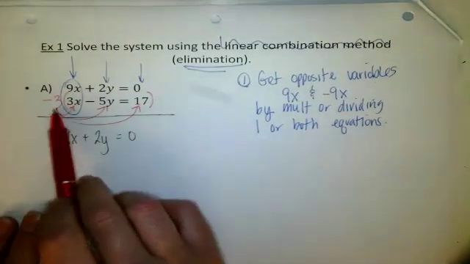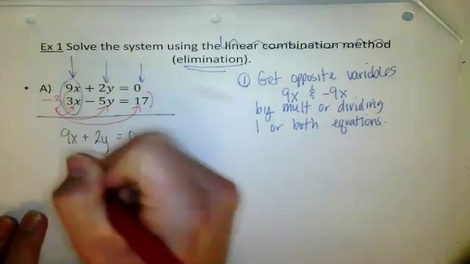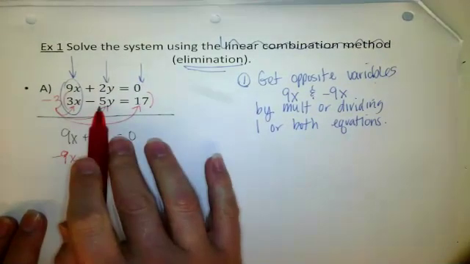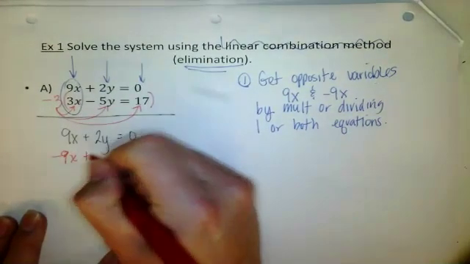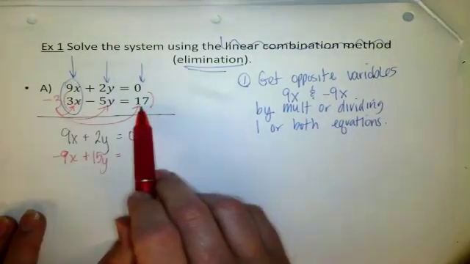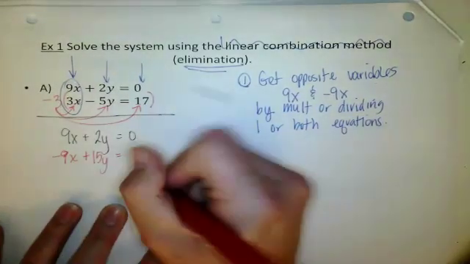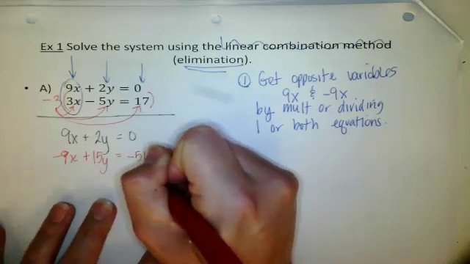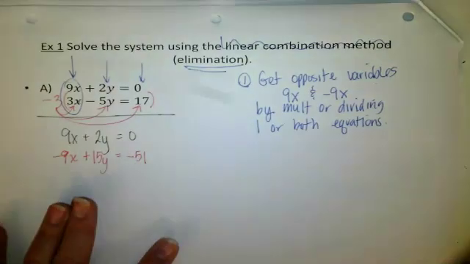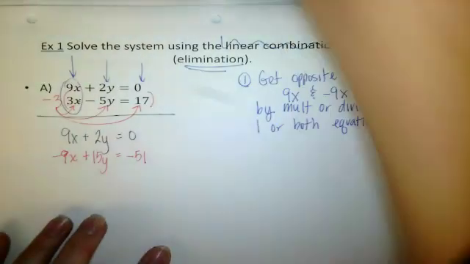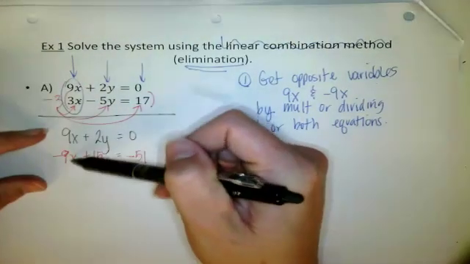So I'm going to multiply negative 3 times 3x, negative 9x, negative 3 times negative 5y, positive 15y, and then negative 3 times 17, negative 51. There we go. And then once we do that, we've got our lovely opposites.